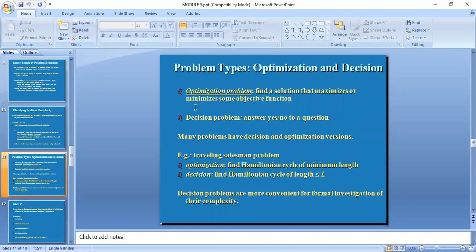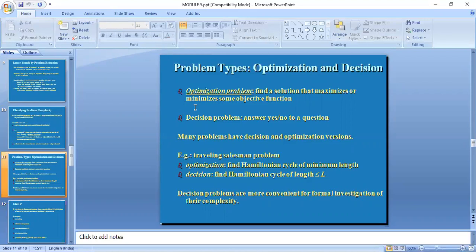When you talk about the optimization problem, we have seen some problems earlier in our introduction, in the brute force method, or even in dynamic programming: the knapsack problem, the traveling salesperson problem. Basically all these problems are considered to be optimization problems.